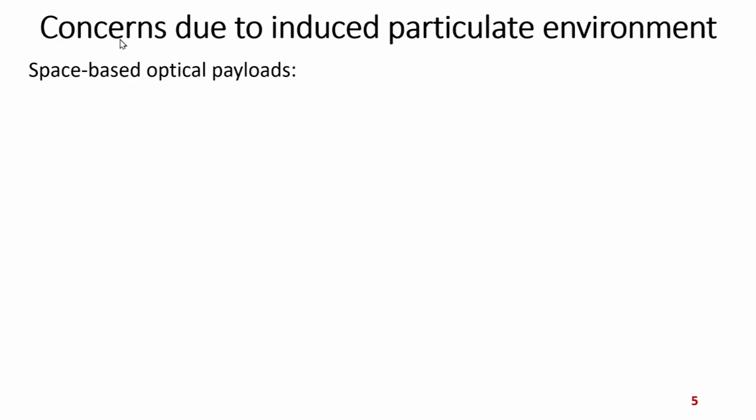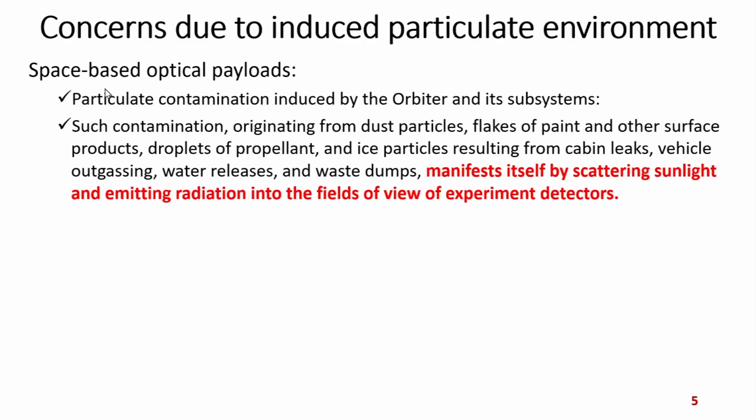So, let us see what the concerns are due to the induced particle environment. Space based optical payloads. Here, the particulate contamination is induced by the orbiter and its subsystems.